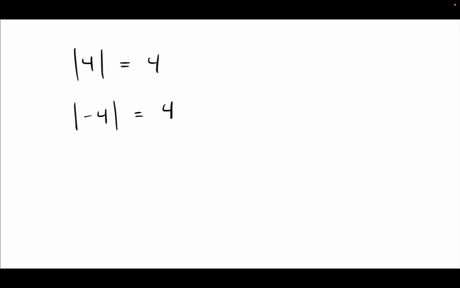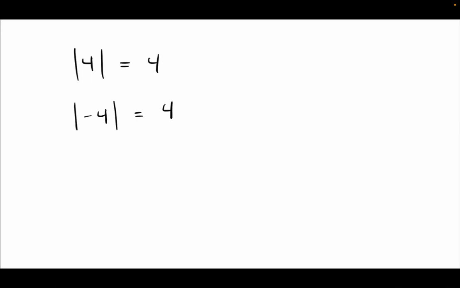Middle of the number line is always 0, right? As you move to the right, it's positives: 1, 2. Moving to the left, it's -1, -2, -3, -4. So what absolute value asks is, how many steps does it take for me to get home?